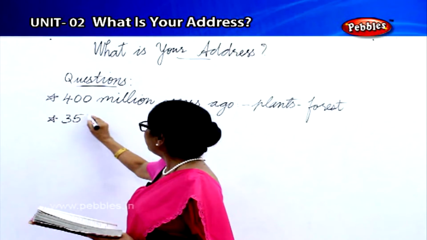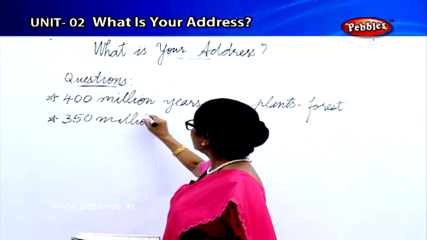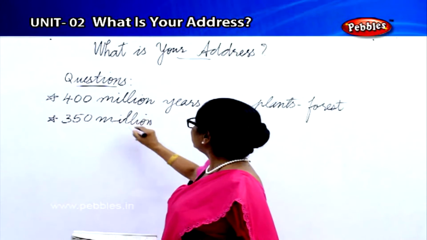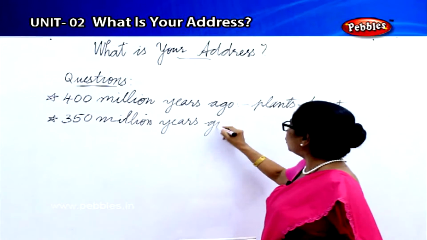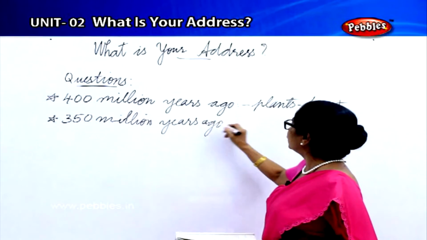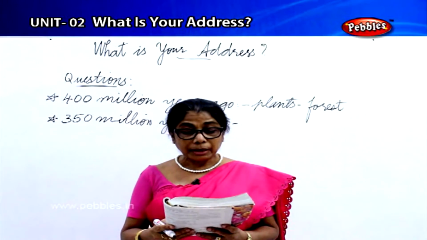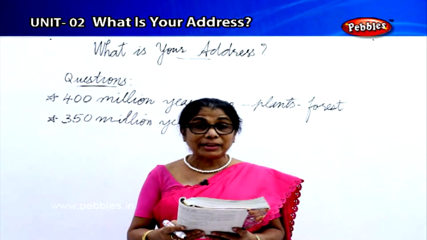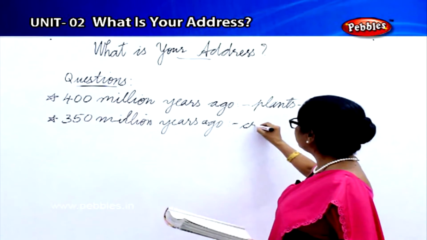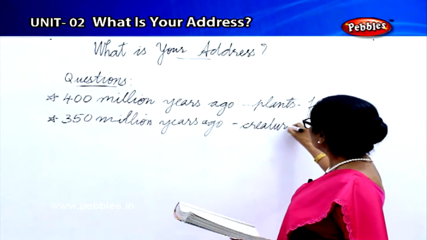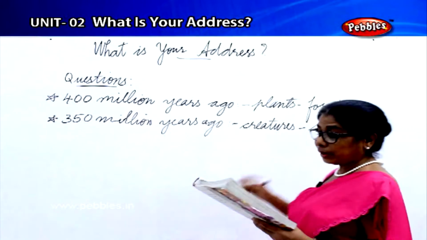Then next, 350 million years ago, what occurred? Look at the text and tell me. Plants followed by creatures with shells. Now creatures came to be. Creatures with shells. Okay?